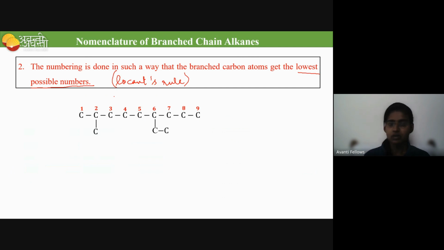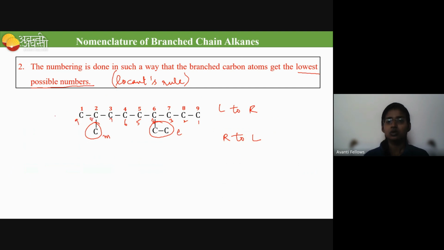Here, in addition to this straight chain, we have 2 substituents, 2 branches, right? In the first branch, we have only 1 carbon and it is called methyl. In the second branch, we have 2 carbons, so it is called ethyl. There are 2 ways of numbering. One is from left to right. The other way is right to left, numbered like this: 1, 2, 3, 4, 5, 6, 7, 8, and 9.